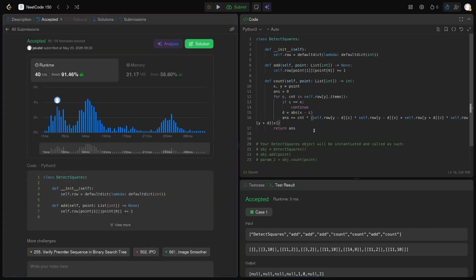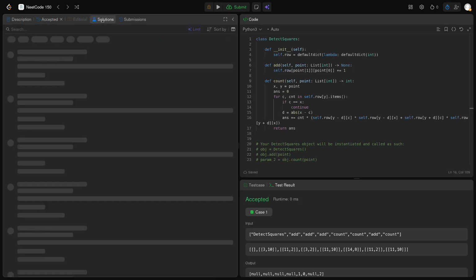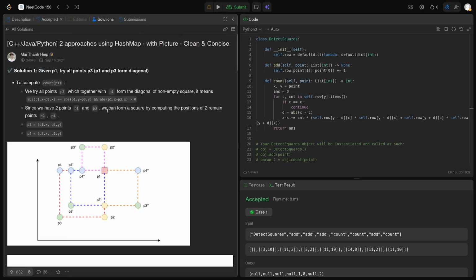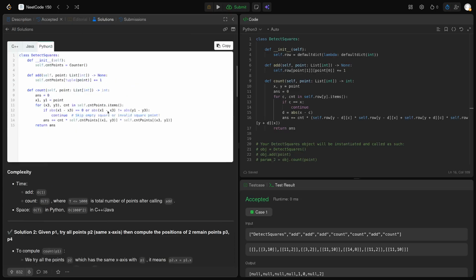Okay, it's quite simple enough, I guess. Let's see if someone crazy found. You know, you actually need 1 dictionary, but that's okay.